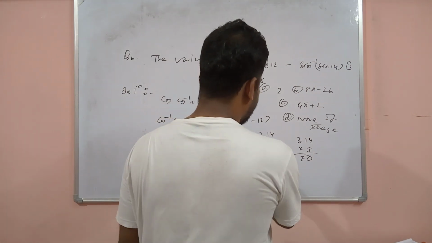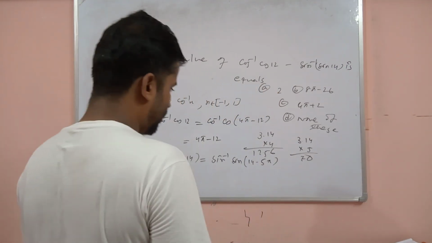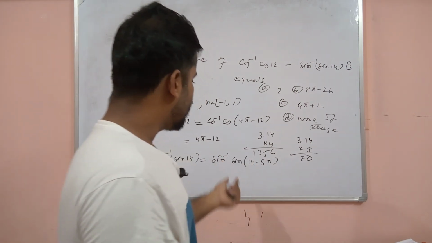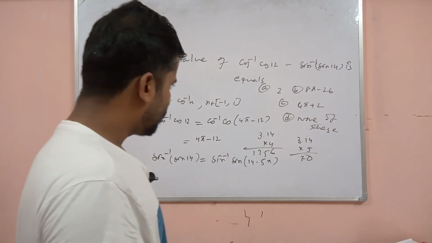So 14 minus 12.56 is more than 1. So sine inverse and sine cannot be cancelled here.